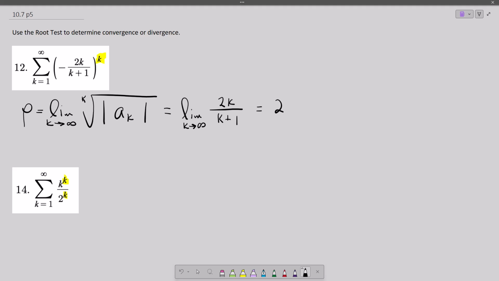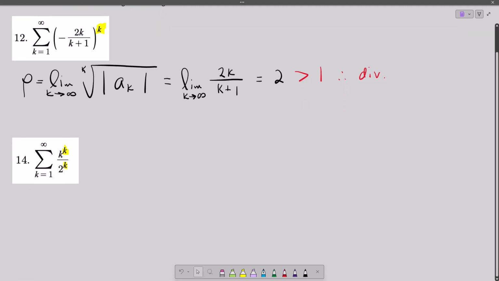Less than 1 convergence, greater than 1 divergence. So we've got to be really careful that we don't confuse them. This is bigger than 1, therefore we have divergence. It's not just enough that the limit exists. The value of the limit is super important, whereas for the limit comparison test, the value didn't matter. If the limit existed, then we had conclusions. So root tests can be extraordinarily fast.